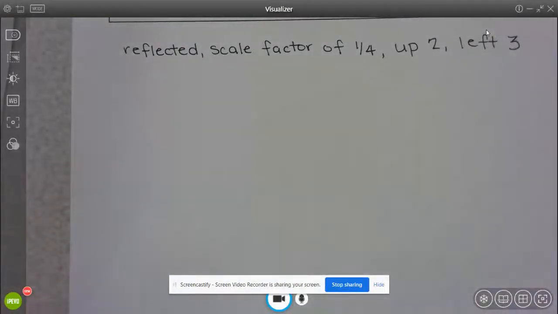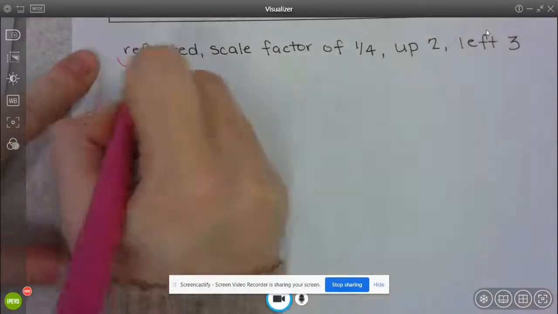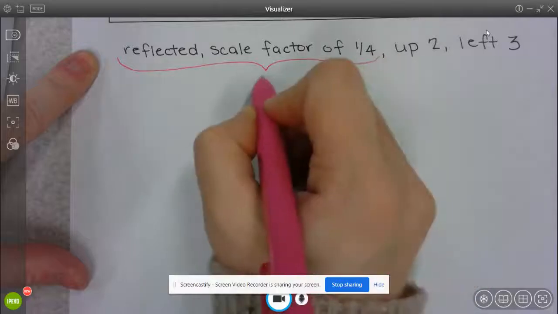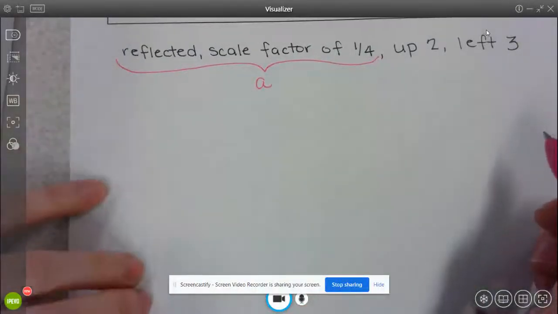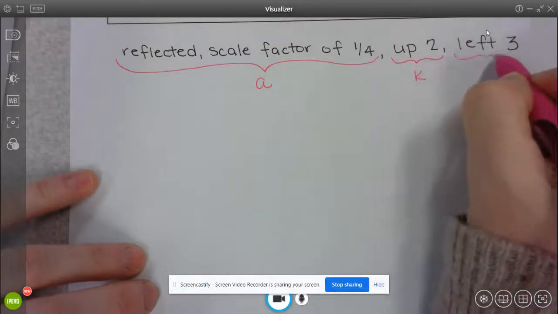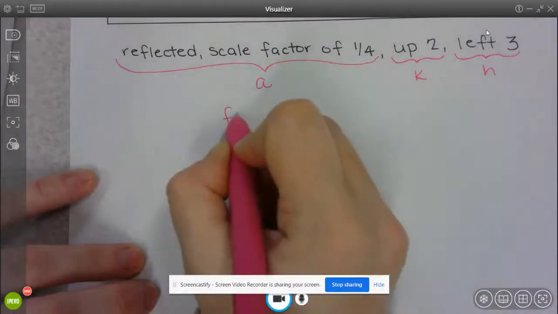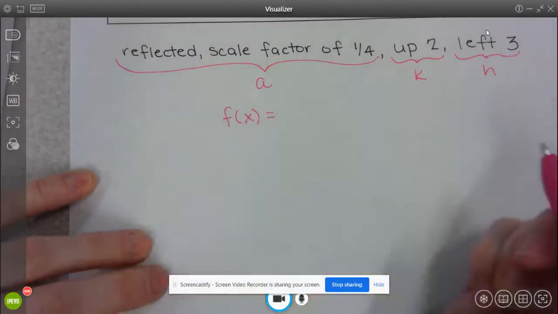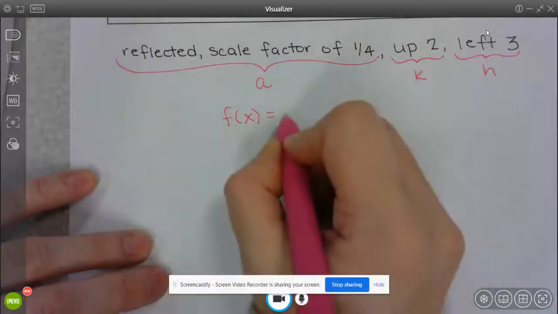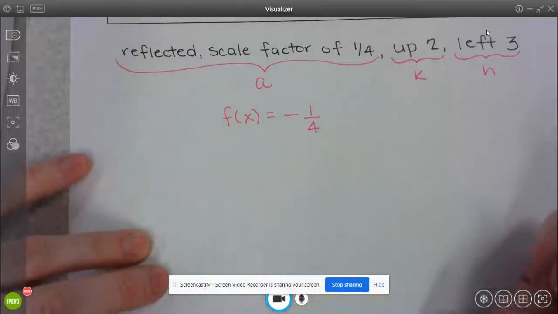All right, so this one, they gave me some instructions. They're telling me it's reflected and I have a scale factor. All of this deals with my A value. Up 2 tells me K, and left 3 tells me H. So if I was going to write this function, it has to be negative because it's reflected. Then I'm going to have my scale factor.